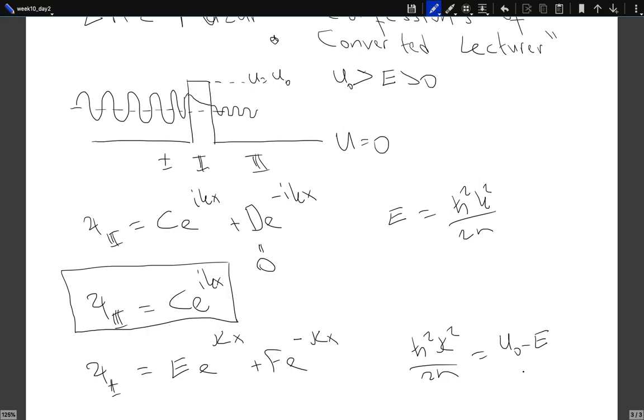In principle, I have both of them. Because in the previous example of the particle in a box, we just eliminated one of them, saying that the wave function should be 0 at infinities. But here, region 2 does not contain the infinite distance. So there is no reason why this term or that term should be 0.